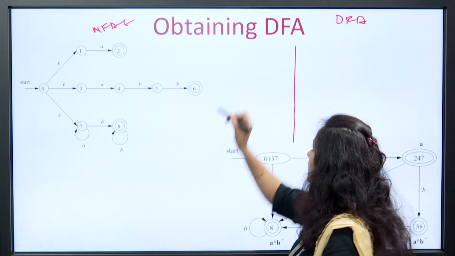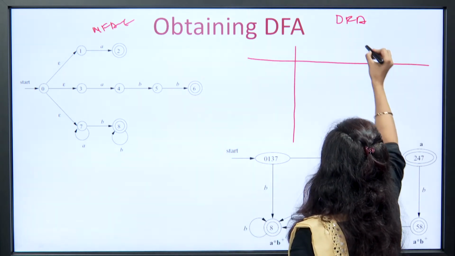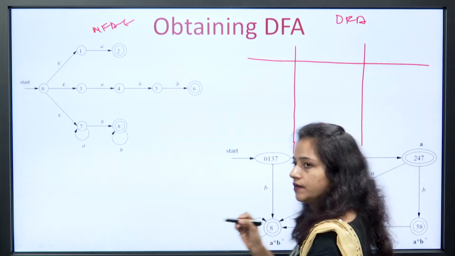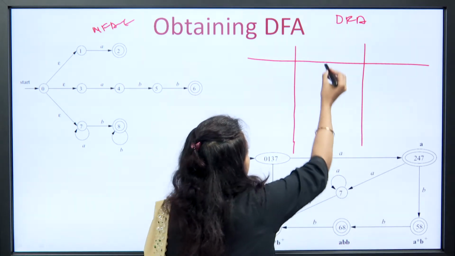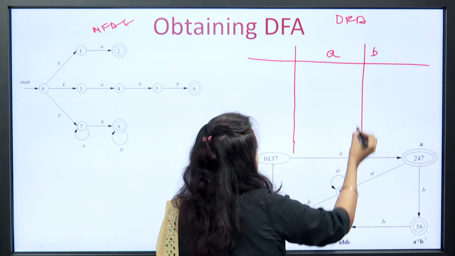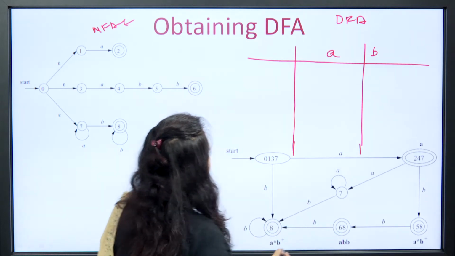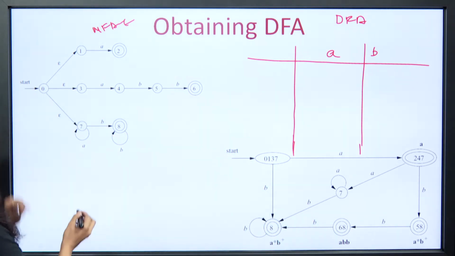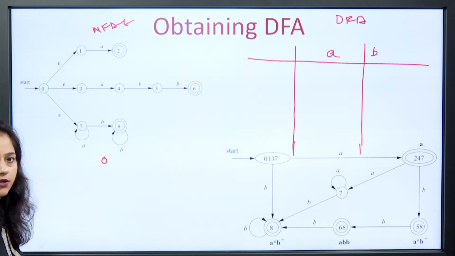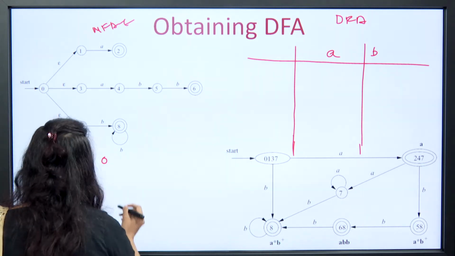So, here we will draw the transition table for the DFA. Input symbols are a and b. So, we will start to draw the transition table. In the NFA, the start state is 0. So, we will obtain the epsilon closure of 0.